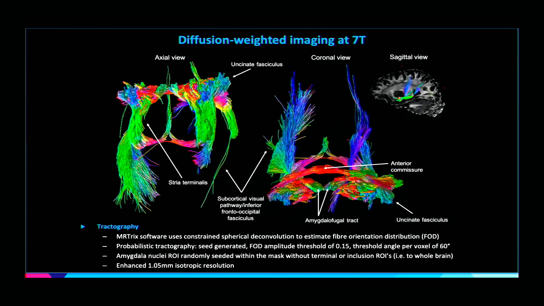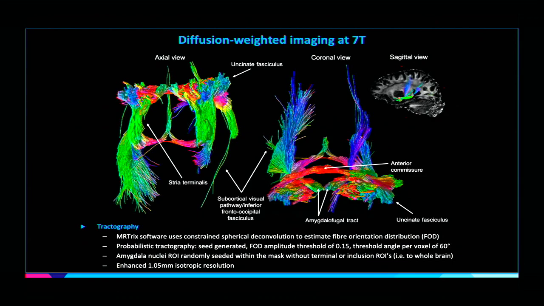So to look at the connectivity, we used a diffusion-weighted sequence. We used MRtrix for this, which uses a constrained spherical deconvolution to estimate fiber orientation distribution, which is also known as the FOD image. The tractography was performed probabilistically.